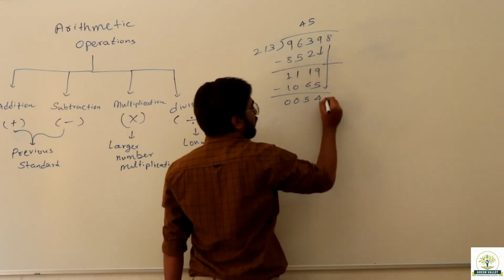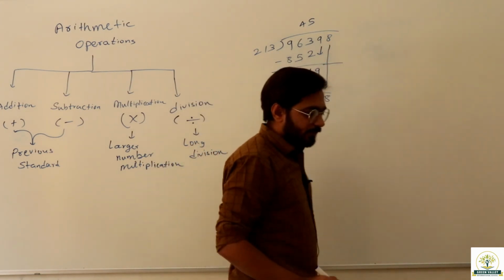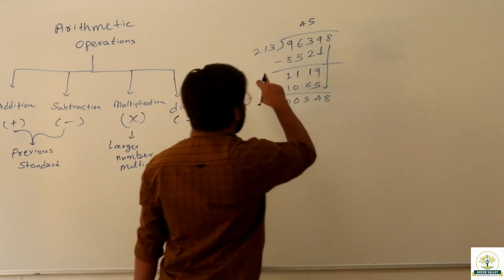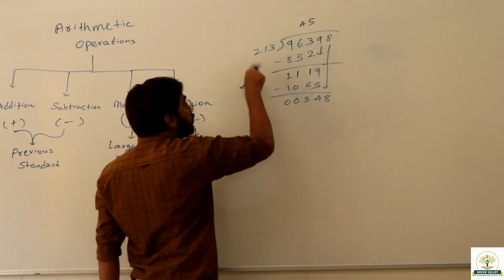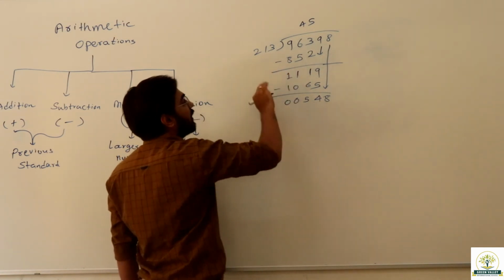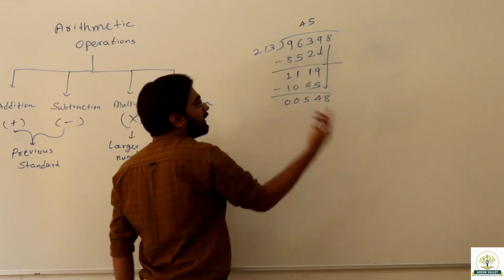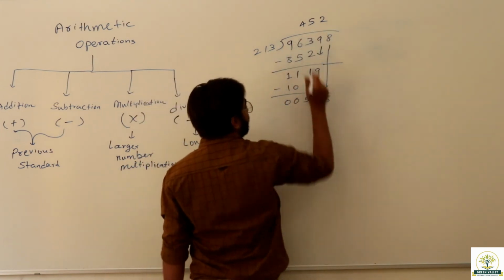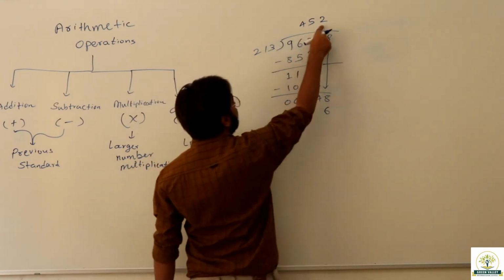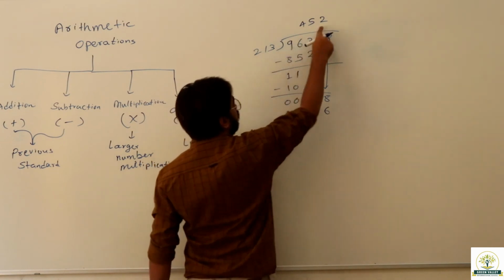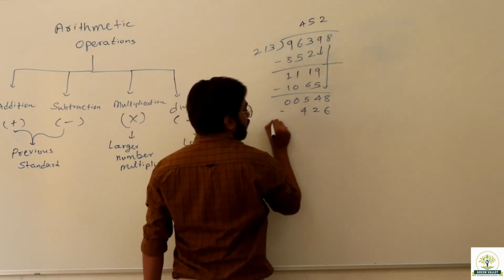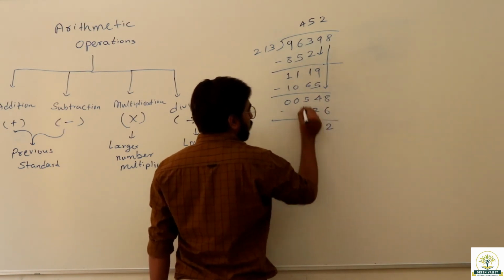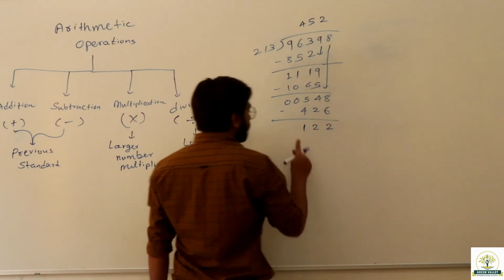Now 8 comes down. Okay, now 213 and 548. Obviously now you would know 2s are or 3s are. If I go with 3, that will be greater than 600, so you have to go with 2. Now 3 2s are 6, 1 2s are 2, 2 2s are 4. Subtract 8 minus 6 2, 4 minus 2 2, 5 minus 4 1.